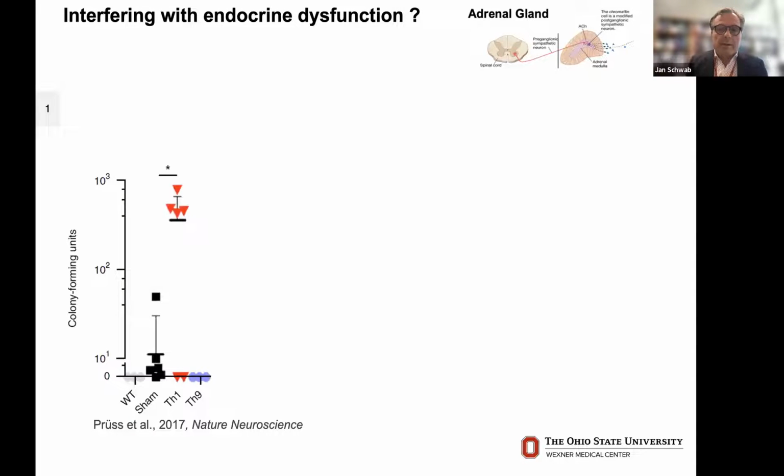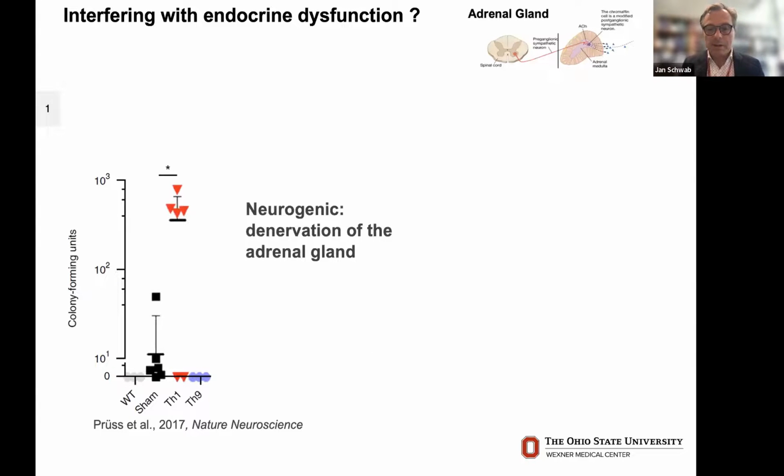To now investigate whether this is doing anything with regard to infection susceptibility, we use the complementary model, spontaneous pneumonia, also showing that very early after spinal cord injury, particularly the high thoracic injured animals are mostly affected by getting pneumonia. When we now perform this autologous adrenal transplantation, again a kind of shielding surgery, the animals show a dramatic decrease of bacterial load.